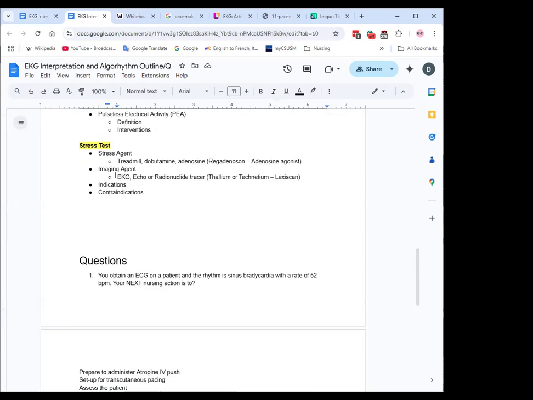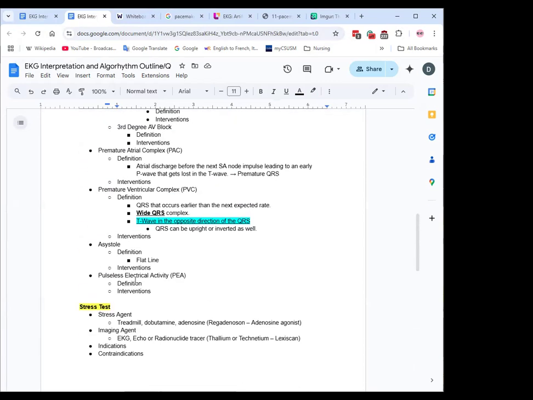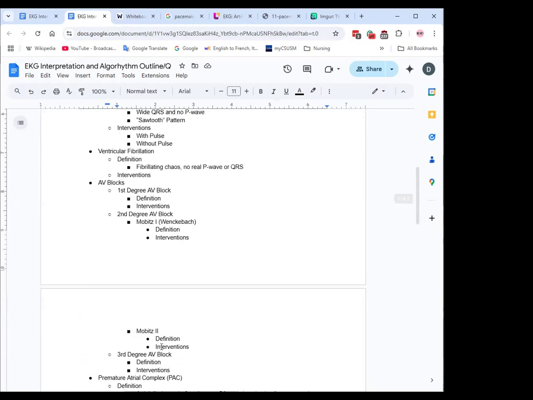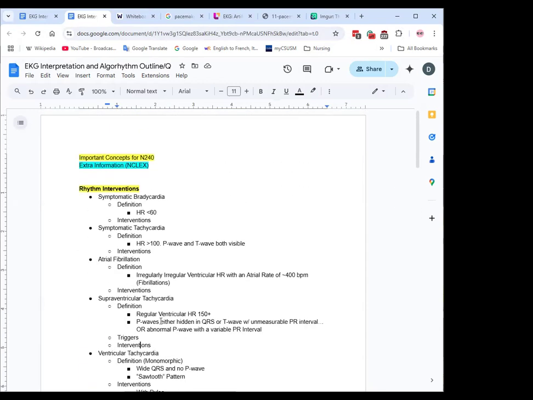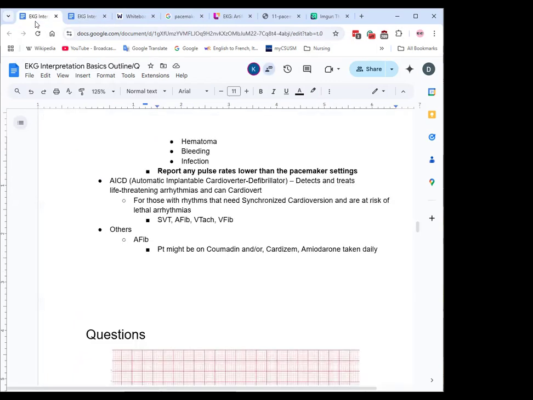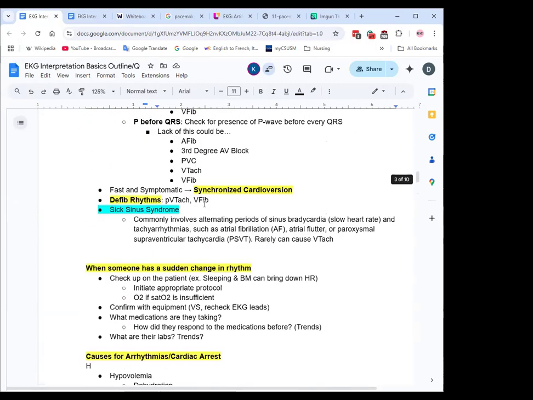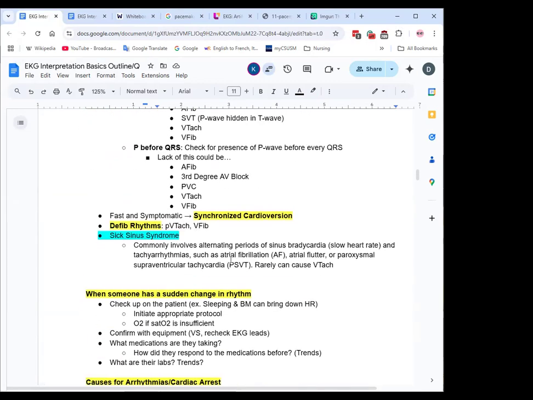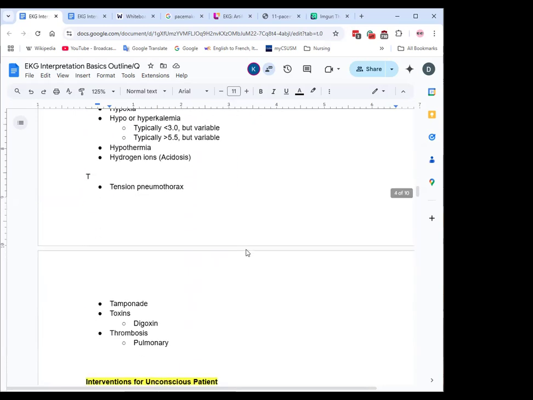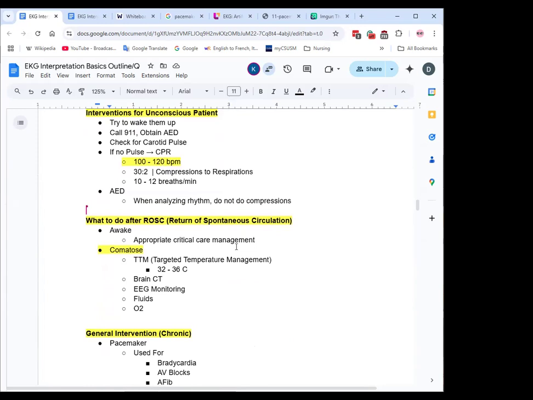We also talk about the stress test a little bit, but focus more on the pictures. I'll throw in some pictures in the interventions, your algorithm, and some of the keywords that are highlighted should help a lot. So make sure you know what can be defibbed and what has to be synchronized cardioverted, and you should do just fine.